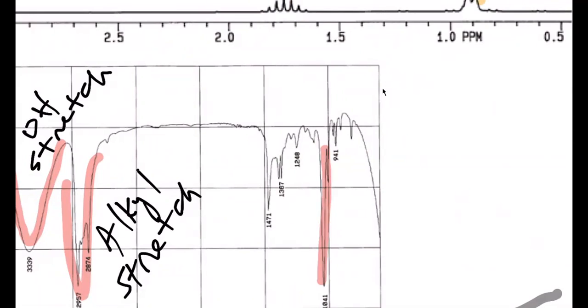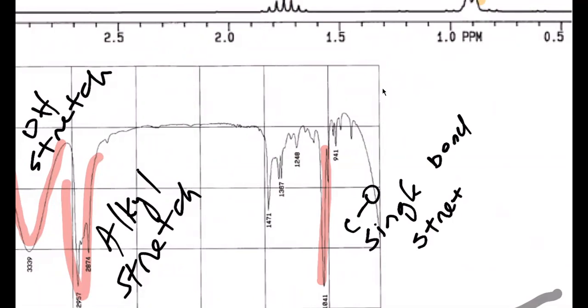That's your carbon-oxygen single bond stretch. That's always going to show up somewhere between 1,000 and about 1,150 reciprocal centimeters.